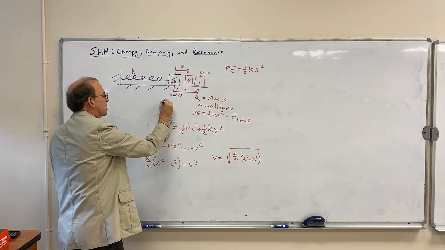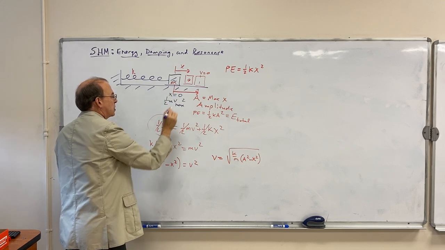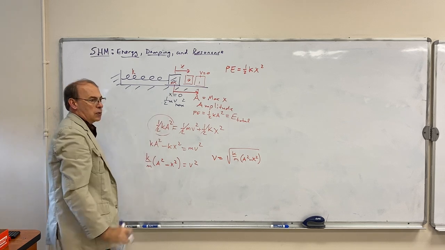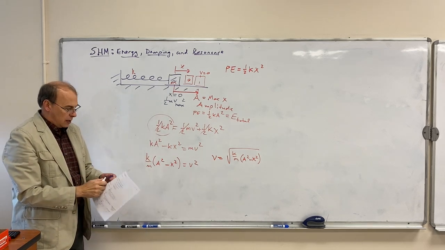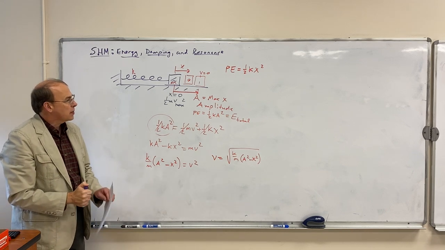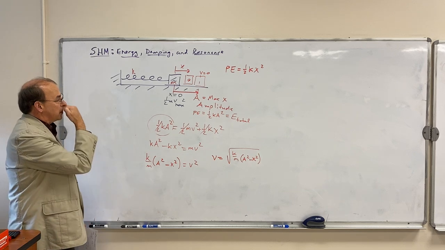So the kinetic energy would be 1/2 mv max squared, and that would be the total energy. And I could work with that, for example. So that is just an example of use of energy in a simple harmonic system.